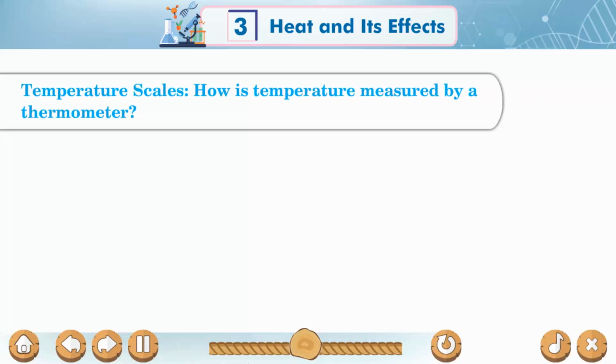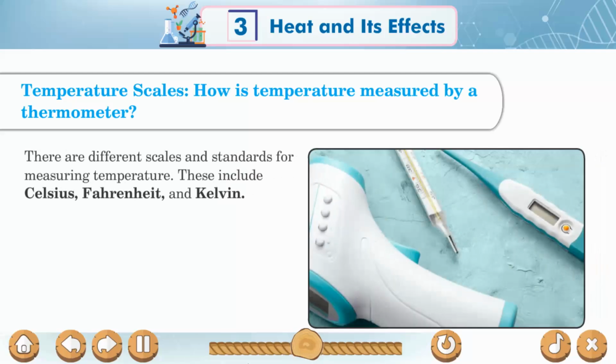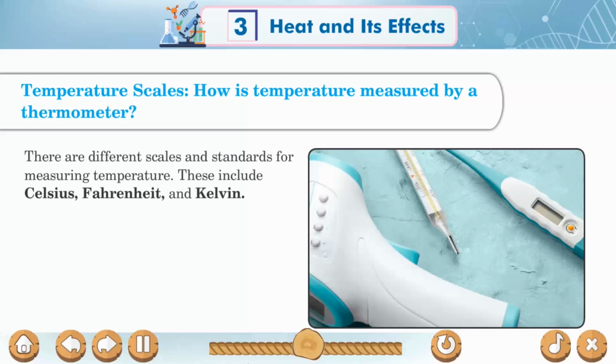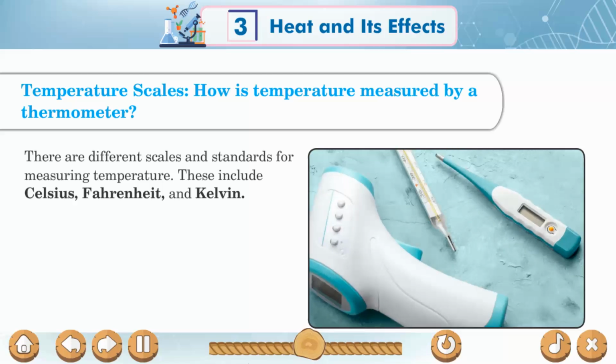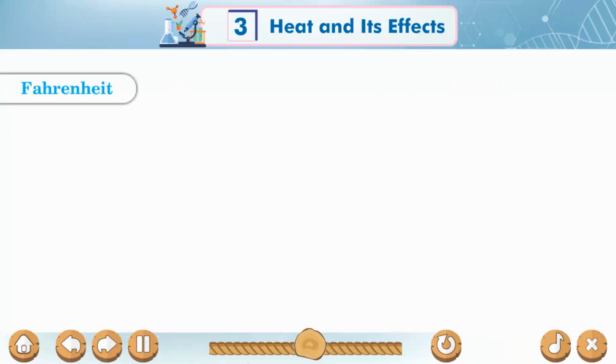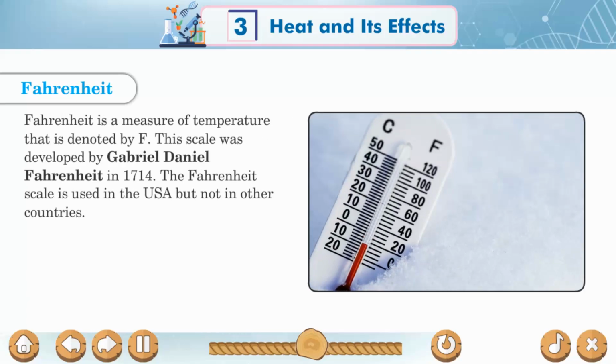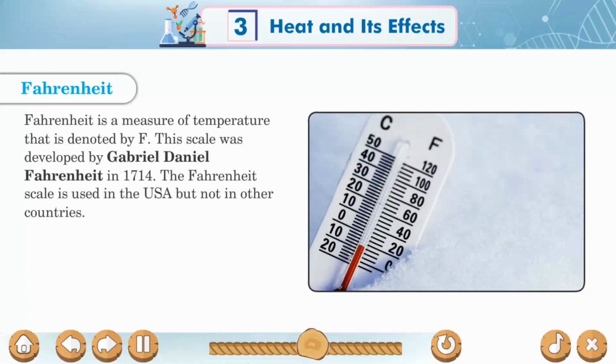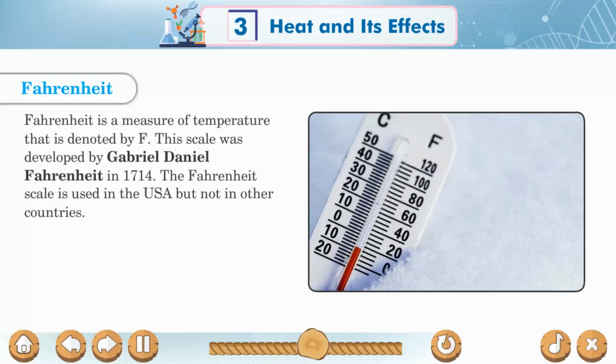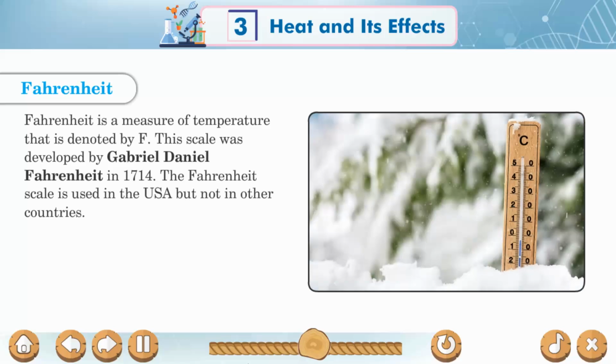Temperature scales. How is temperature measured by a thermometer? There are different scales and standards for measuring temperature. These include Celsius, Fahrenheit, and Kelvin. Fahrenheit is a measure of temperature that is denoted by F. This scale was developed by Gabriel Daniel Fahrenheit in 1714.